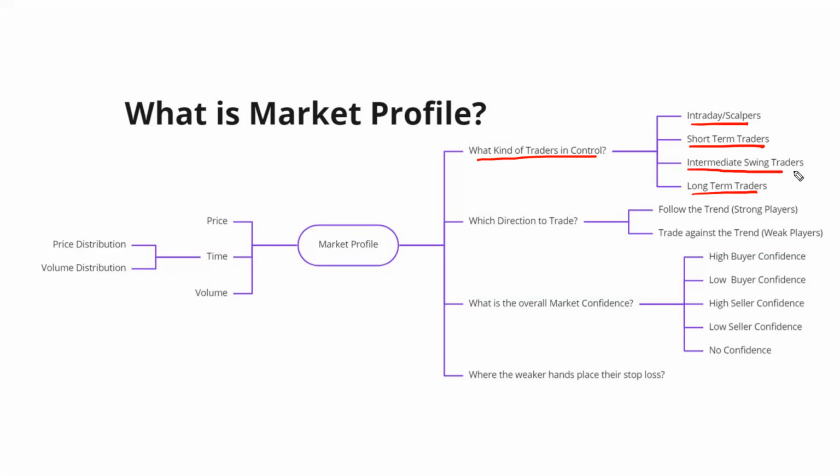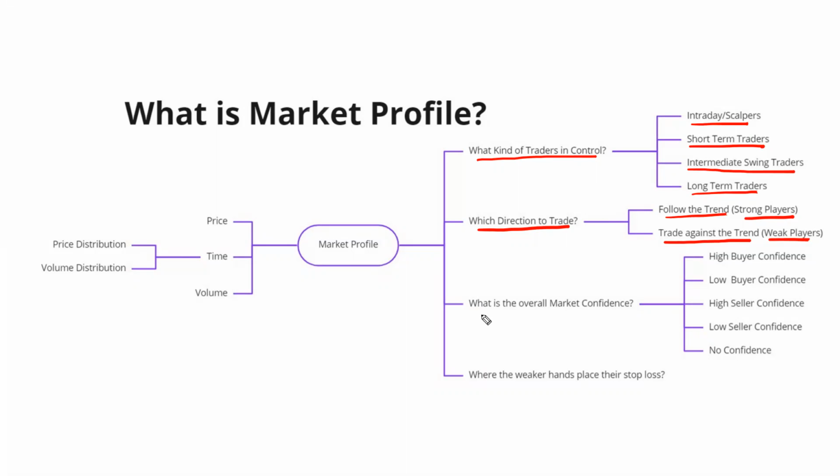Or intermediate swing traders? Based upon what I am dealing with, I'll try to figure out which direction to trade. Should I follow the trend? If I am seeing strong players' activity from the market profile, then I'll decide which direction to trade. Sometimes if I'm seeing a lot of weaker hands coming and playing, I'll try to figure out whether I should trade against them.